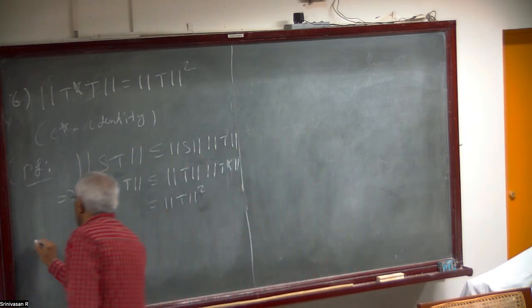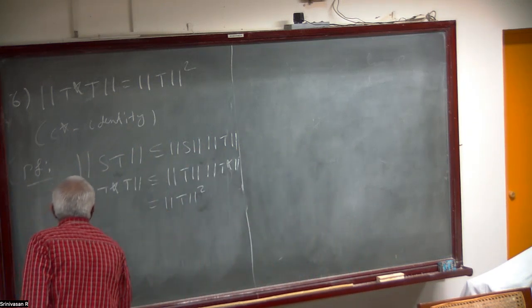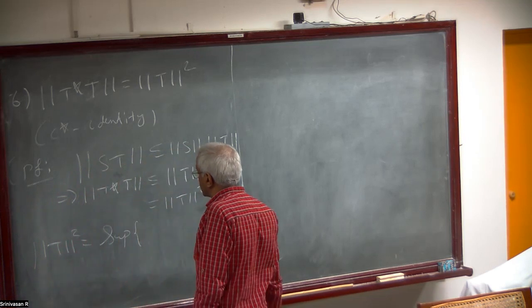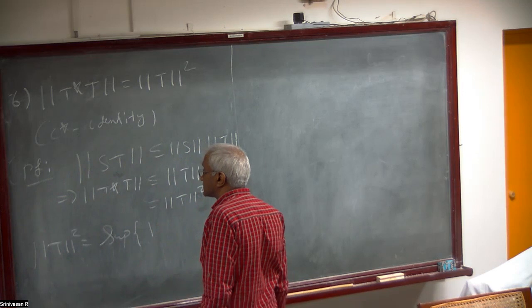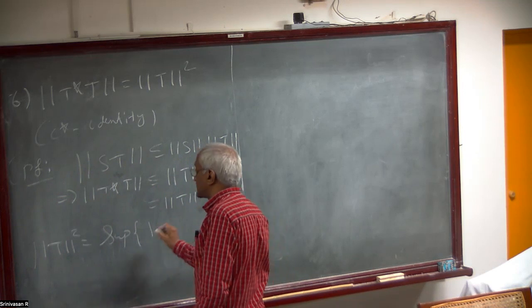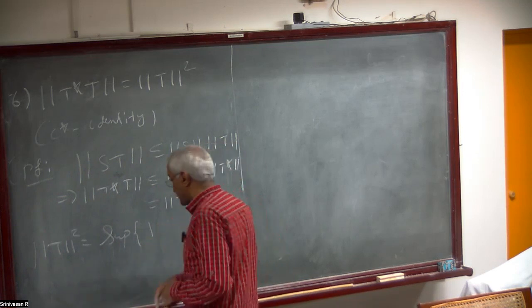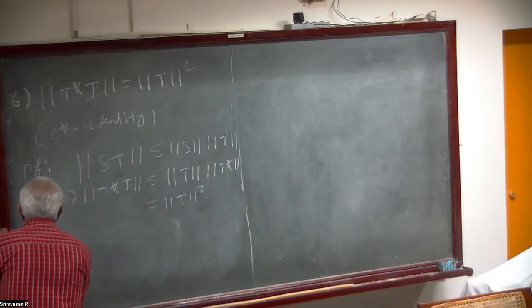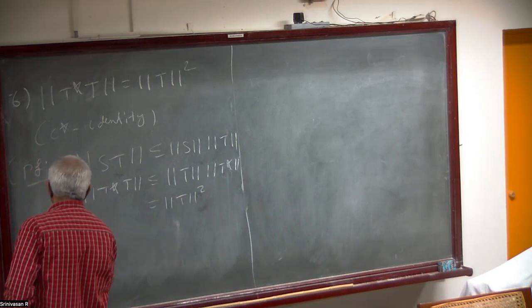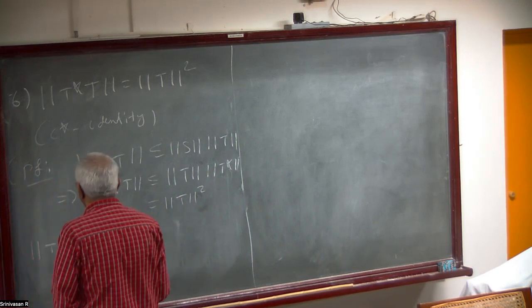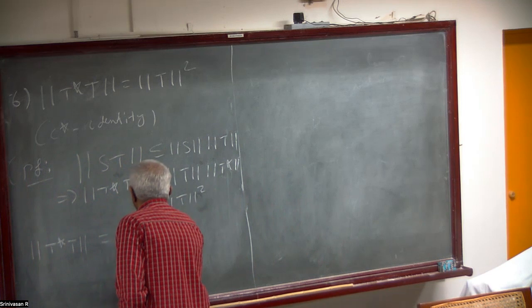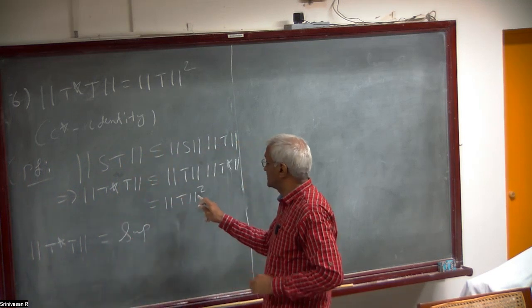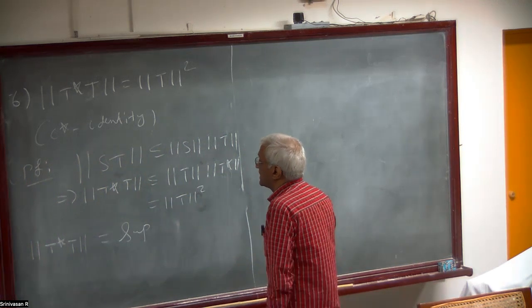So to prove the other way, the norm of T star T is equal to the supremum of the inner product of T star T x, y, over norm x less than or equal to 1, norm y less than or equal to 1. We have proved that T star T is less than this.